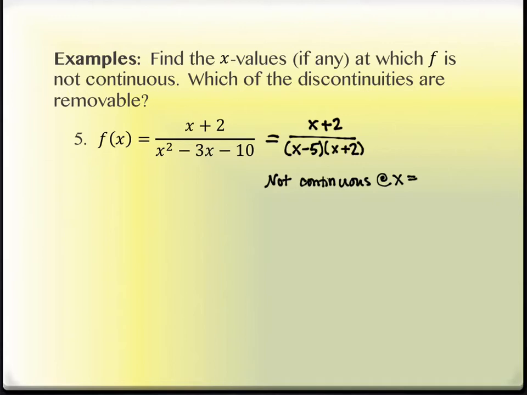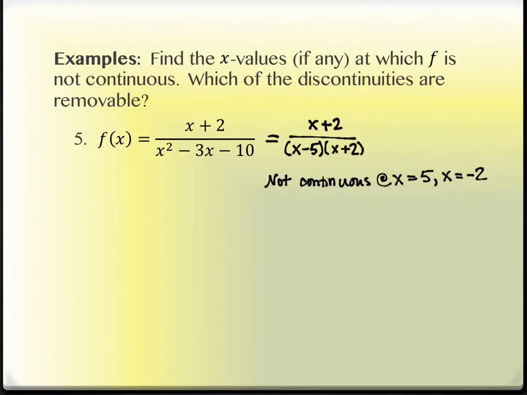Okay, so it's at x equal 5 and at x equal negative 2, right? I know I'm going to be canceling out the x plus 2 in a minute, but it's still a discontinuous location because I cannot have x equal negative 2 in the original problem and actually get something that works, okay? So it's still a place of discontinuity.